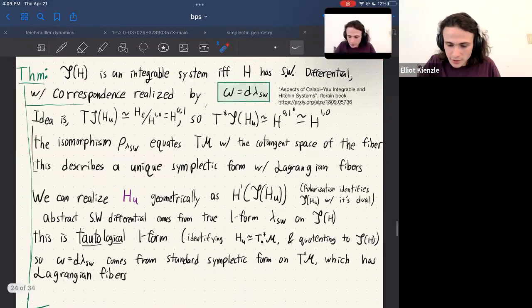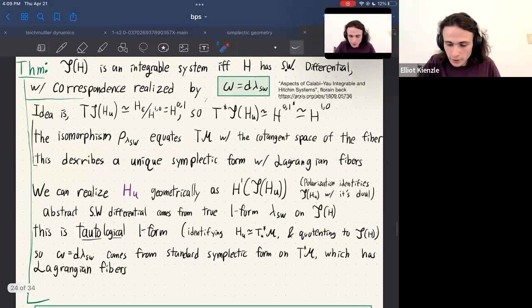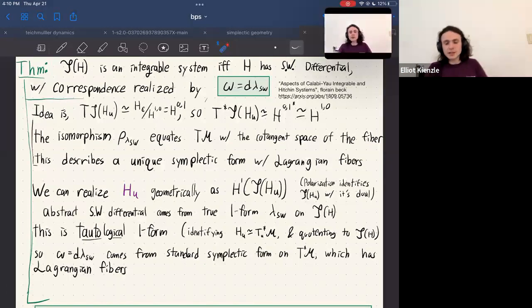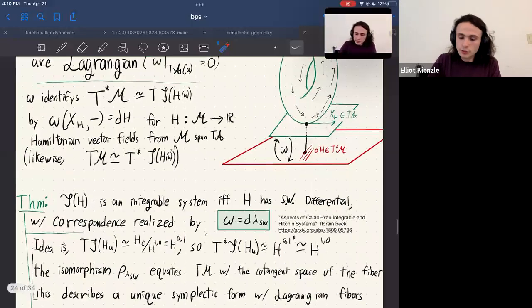Right. So I'm not going to give a full proof, but just to summarize the idea: the description I gave of the isomorphism between the cotangent bundle of the base and the tangent bundle of your fiber really encoded the heart of all of the dynamics, right? Because that's what told you how to go from Hamiltonians on the base to their Hamiltonian vector fields.